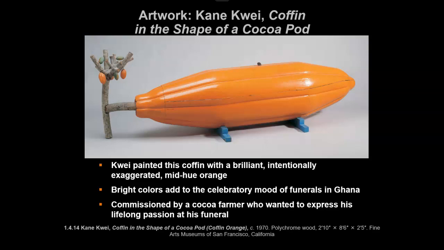With these bright colors, the artist is trying to create a celebratory mood, right? You think about oranges and they're fun, they're happy. And in Ghana, funerals are celebrated, and so that's why it's this color.